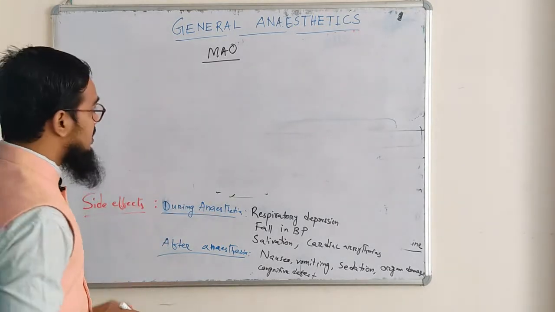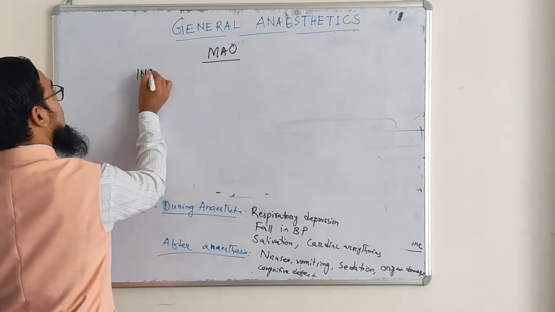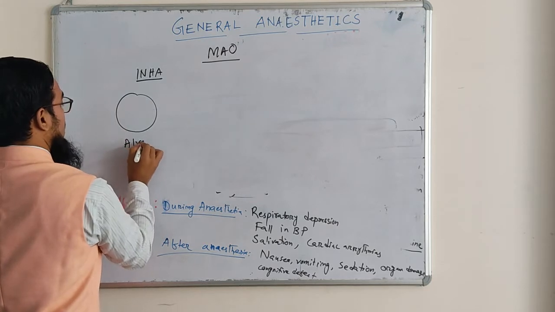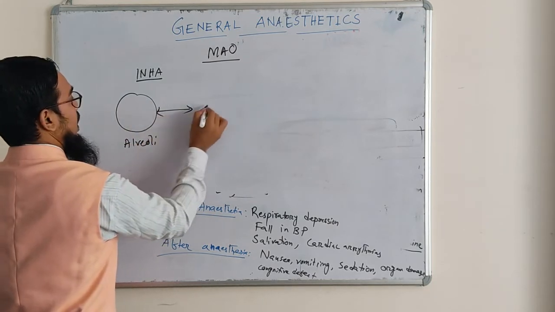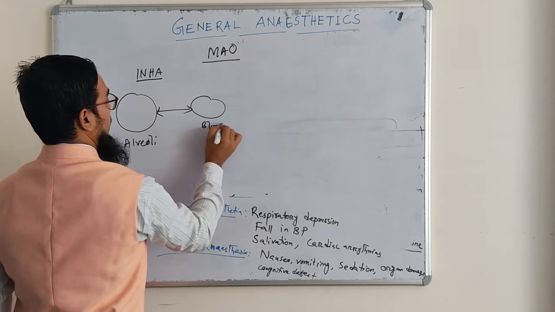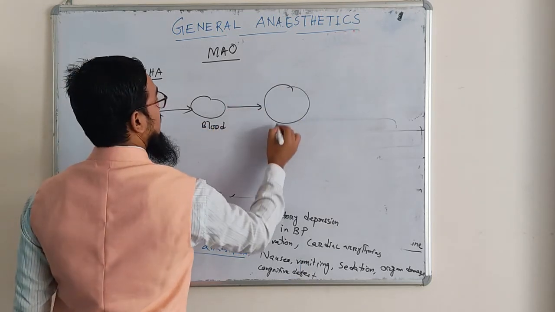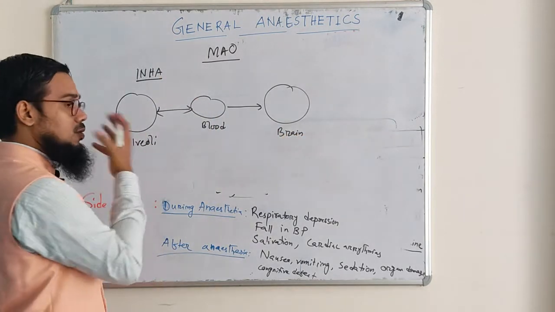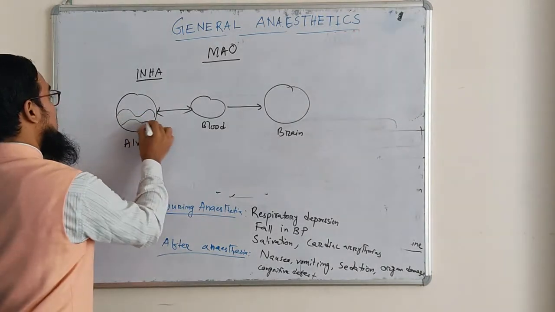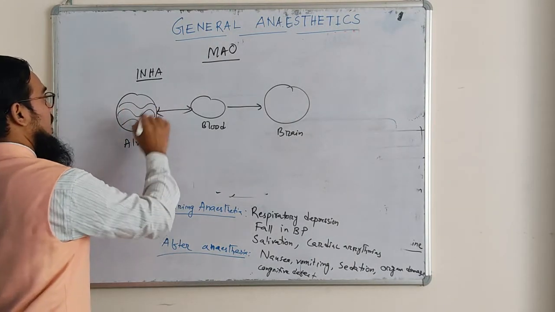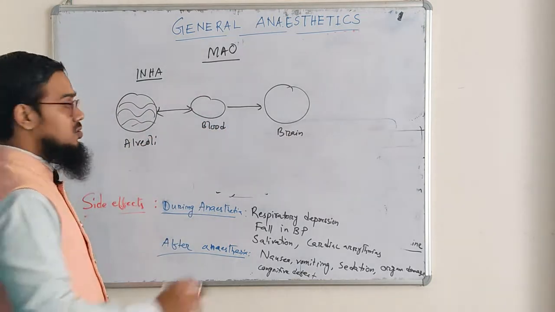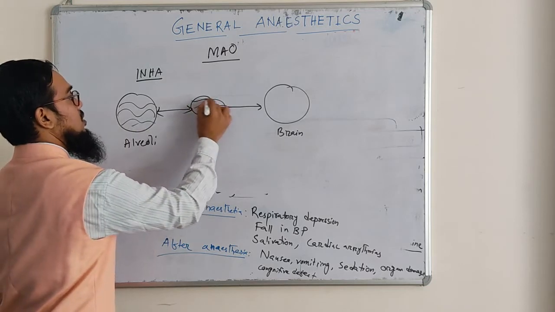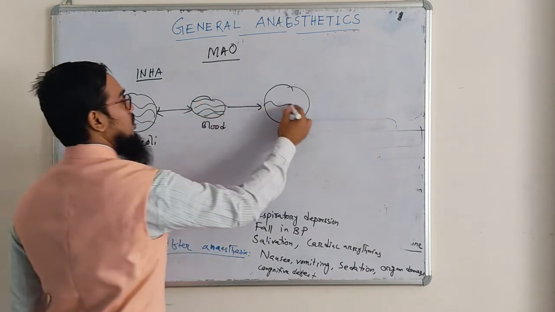In the case of inhalational anesthesia, the drug goes from the alveoli to the blood, and then to the brain. When inhalational anesthetics are given through the nose, a certain concentration is required, and they are highly lipid soluble, so they easily cross from the alveoli to the blood and reach the brain.